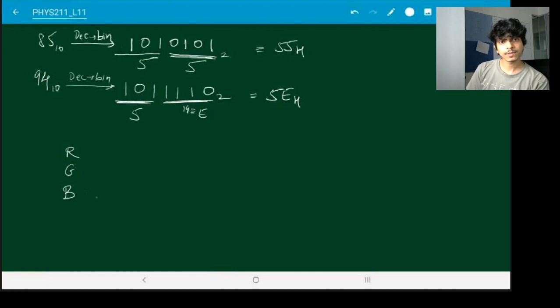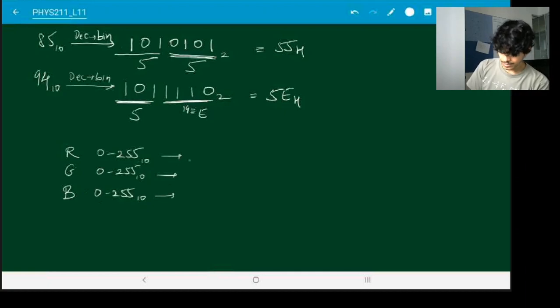Each of these goes from 0 to 255. This is in decimal. But if you write this in hexadecimal, 0 is written as 00 and 255 is written as FF.